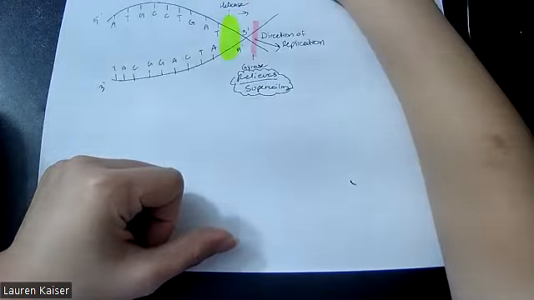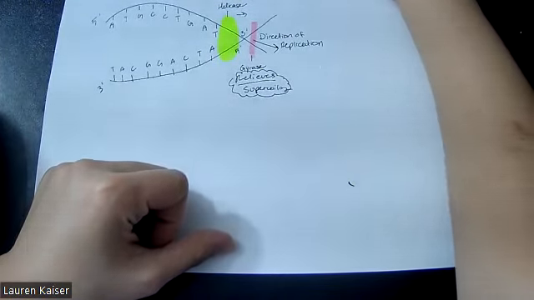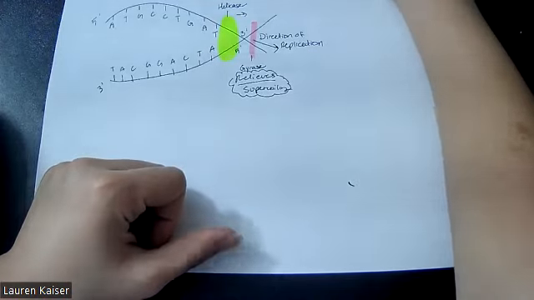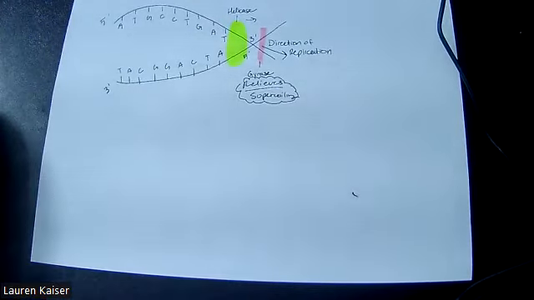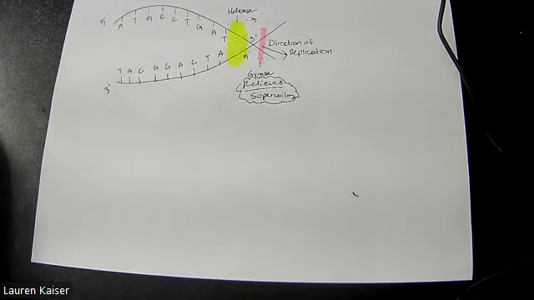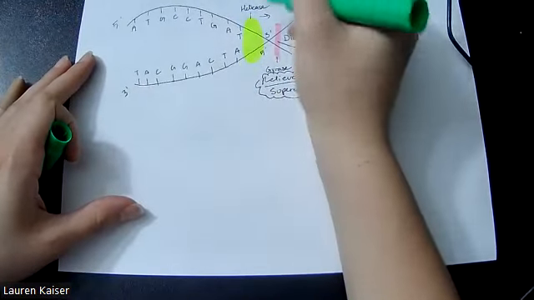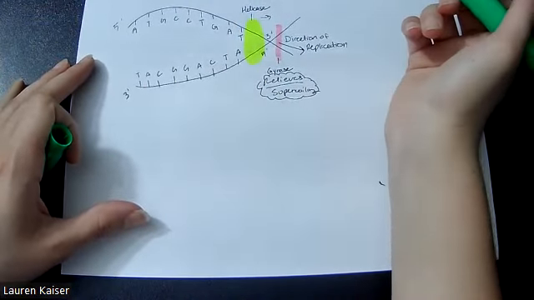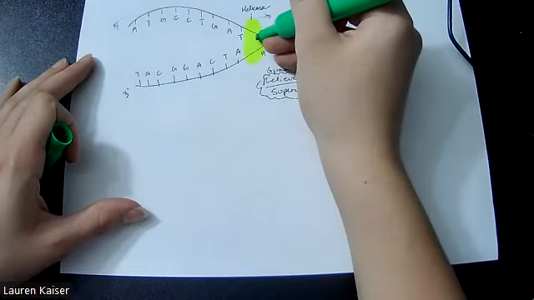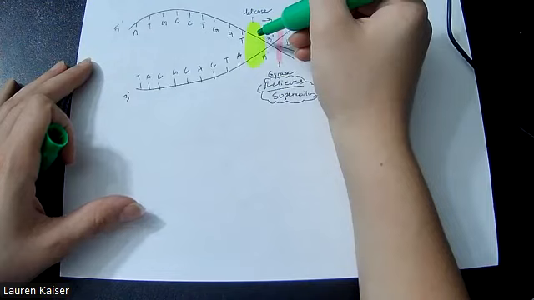Alrighty, so once we have our first friends in motion, they are going to make everything nice and primed up for primase. I'll get in here with green. So primase is going to start towards the 3' end because it's going to replicate 5' to 3'.